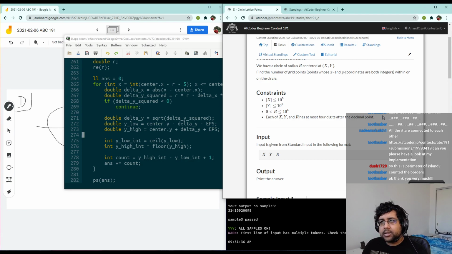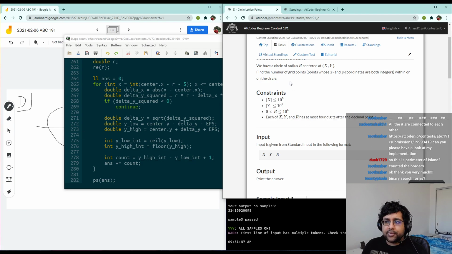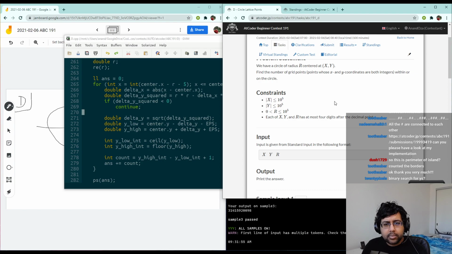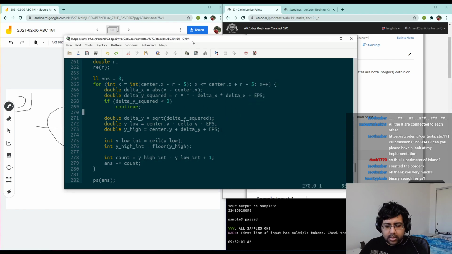So I think perhaps the nice way to do this is to translate everything into integers by multiplying by 10 to the fourth, and then proceed from there. And then we're not going to use any square root or anything like that. What we're going to do instead is find lattice points that are multiples of 10 to the fourth.